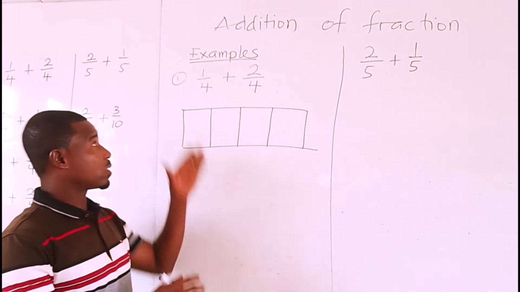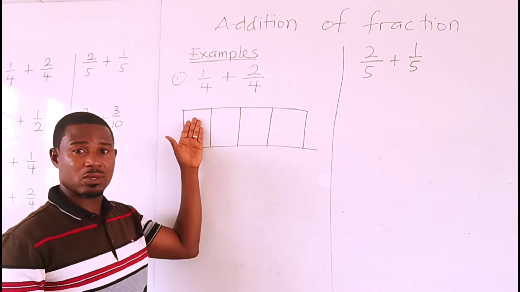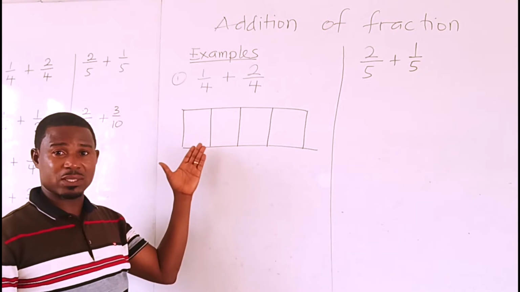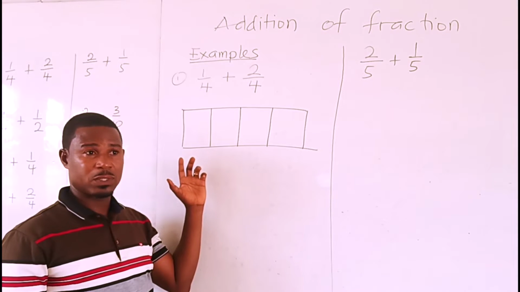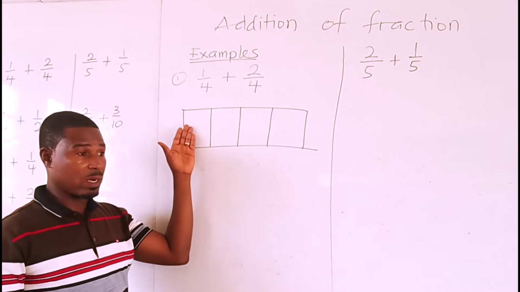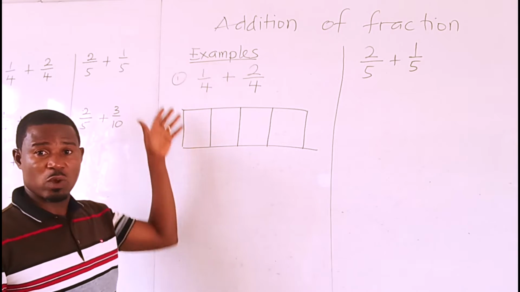And so one of the fractions will represent a part of this whole. And the second fraction will also represent a part of this whole that has already been divided. And so when we take 1/4, we will have to shade and find out which part of the whole is covered by 1/4.